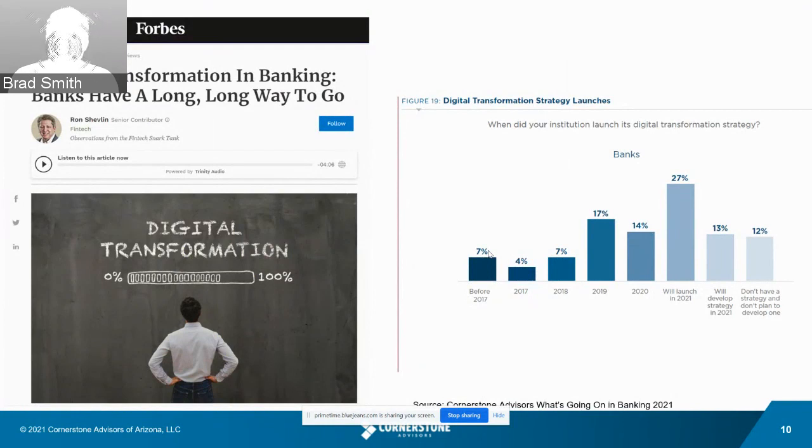The right-hand side is survey response from the beginning of the year from community and regional financial institution clients. And those far right charts say that a little more than half, 52% of surveyed banks, are just now launching their digital transformation strategies in 2021, or have yet to launch their strategies. So we still have a lot of progress we need to make on digital.